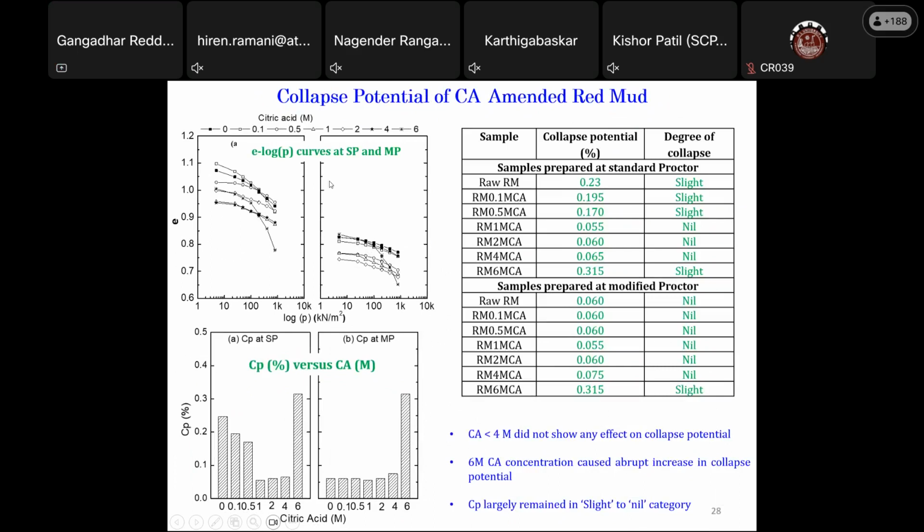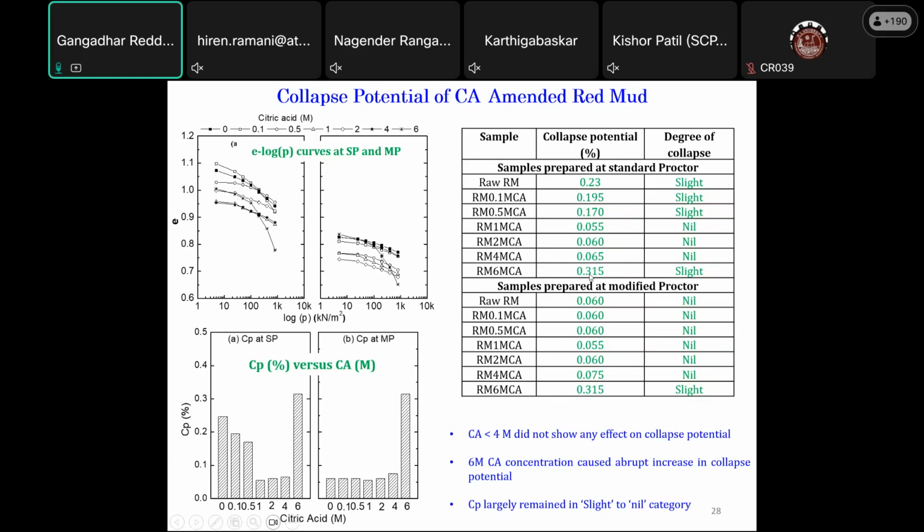on the same samples, I used collapse potential. We observed that initially there was some kind of collapse in nature, but with the increase of molarity, there is a reduction in the collapse potential. But if you are using a higher amount of acid, like 6 molar citric acid, it is inducing collapse potential. The higher the value, the higher the collapse potential.